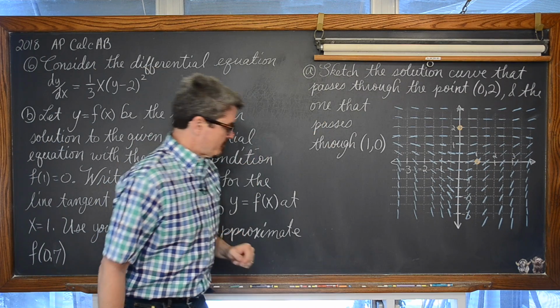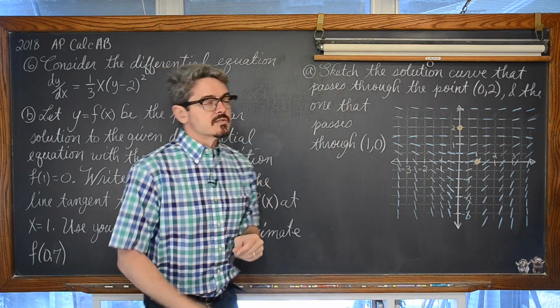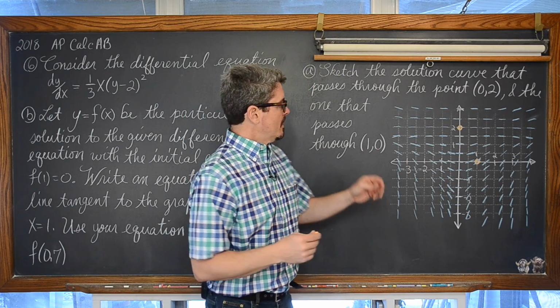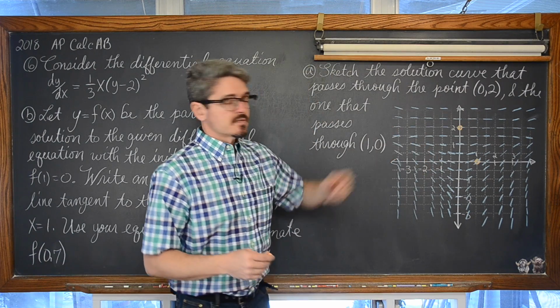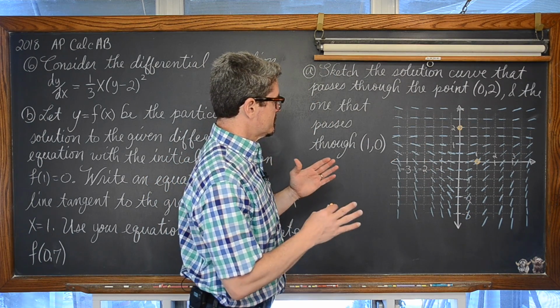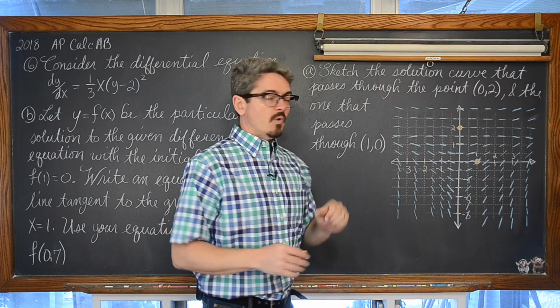When you look at the slope field, you want to make sure that you sketch a solution curve that goes all the way through the slope field, passes through the 2 points that they're indicating, and you get the general gist of what that graph looks like.